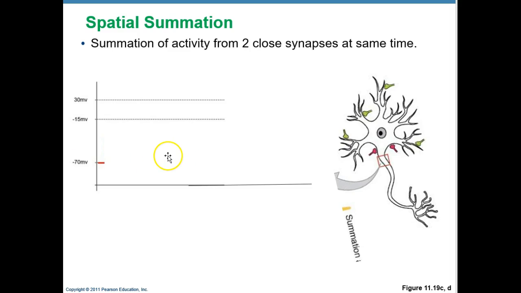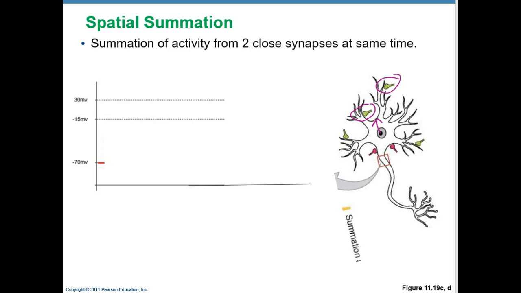Here you need to have very little space in between them. So let's think about this synapse here and that synapse there, but we're going to measure right here. So we're going to have a part of the membrane that could be affected by both of these synapses, and we're going to look at what happens there.